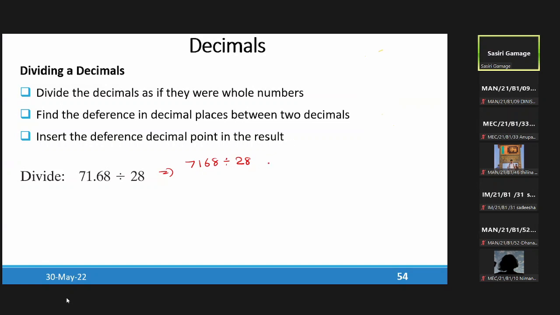Okay, then we can do the division. What's the answer when we do this? Can you say? 256. Okay, then what we should do, as it is said, we have to count the difference of decimal places.